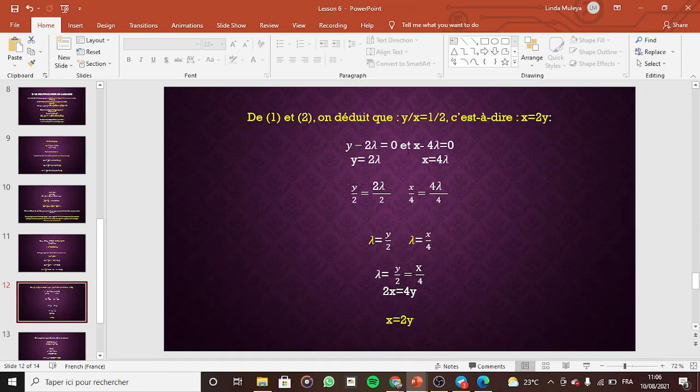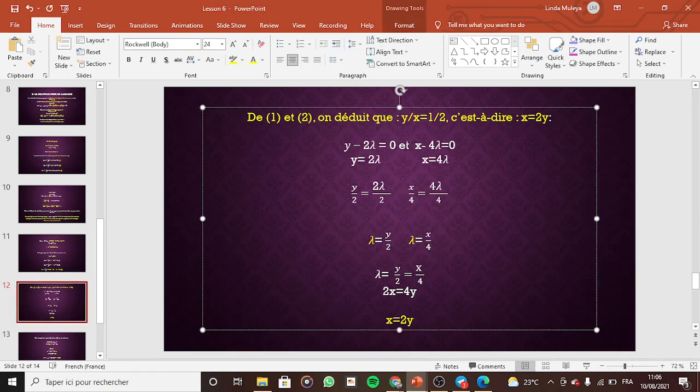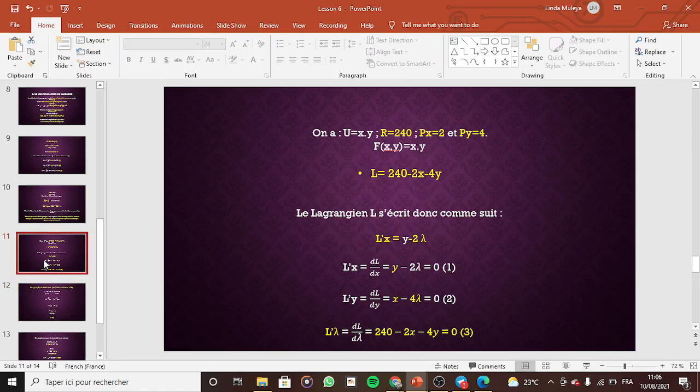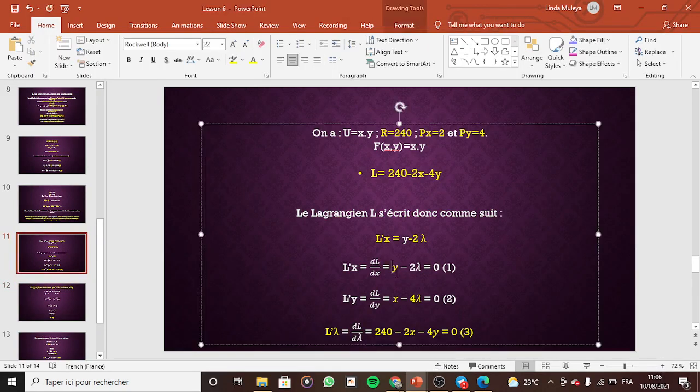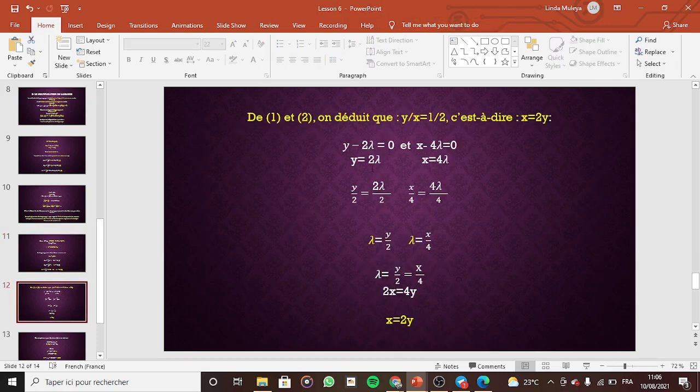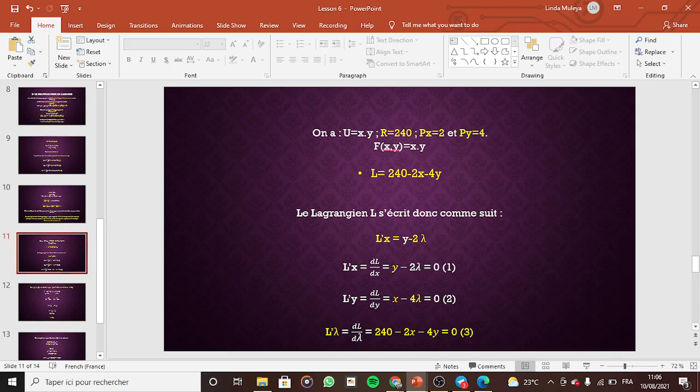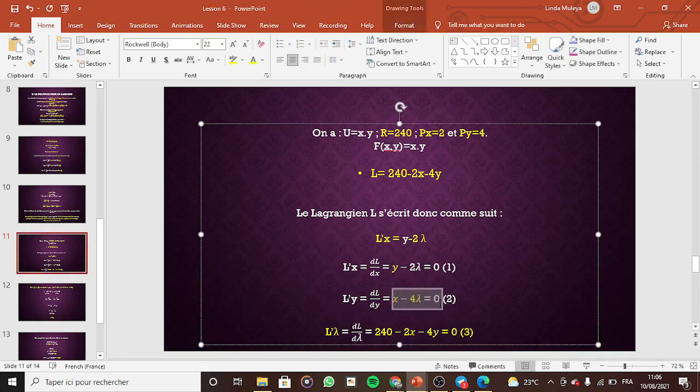And so I broke it down here so we can see just what that means. So we'll take our first formula. The first formula we have here is y minus 2 Lagrange is equal to 0. We'll place it here. And the next formula we have is x minus 4 Lagrange is equal to 0.